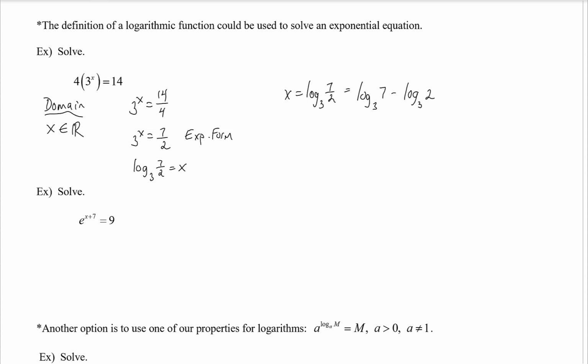Me personally, I'd rather have just one single log as the answer, so I would just go with this. It's my personal preference. But what I'm going to ask you to do is, anytime you get an answer that is a log, especially an irrational number, go ahead and get a decimal approximation for it, because it's going to make checking your answers easier.